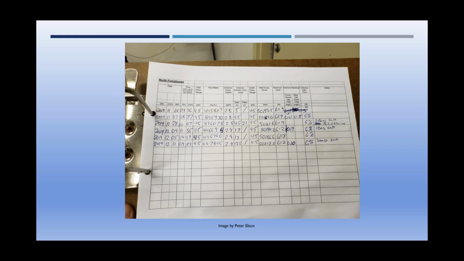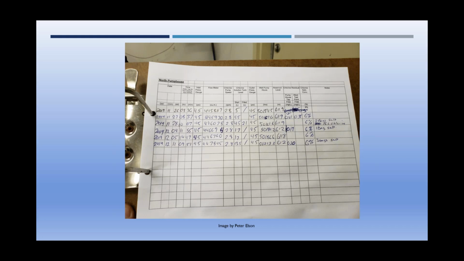He's monitoring that every time he's in the pump house, which is not, as you can see by the date, every day, unfortunately. And he also puts in when he fills it up and what he fills it up to, so that he has a pretty good sense of how much chlorine he's using on an ongoing basis. But he doesn't really have a place to put the change in the flow meter number to tell you how much water has been consumed between those two sample dates.